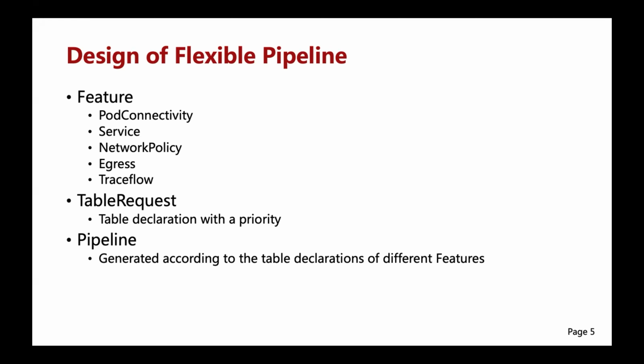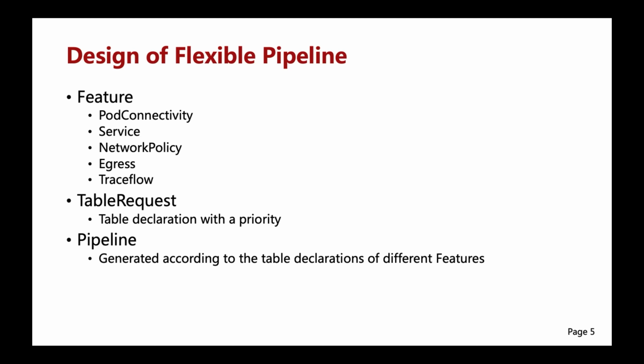A table request. A feature must use tables to implement its functions and install flows. If a feature wants to use a table, then a table request should be made to declare that it requires the table. Multiple features may use the same table to implement their functions.